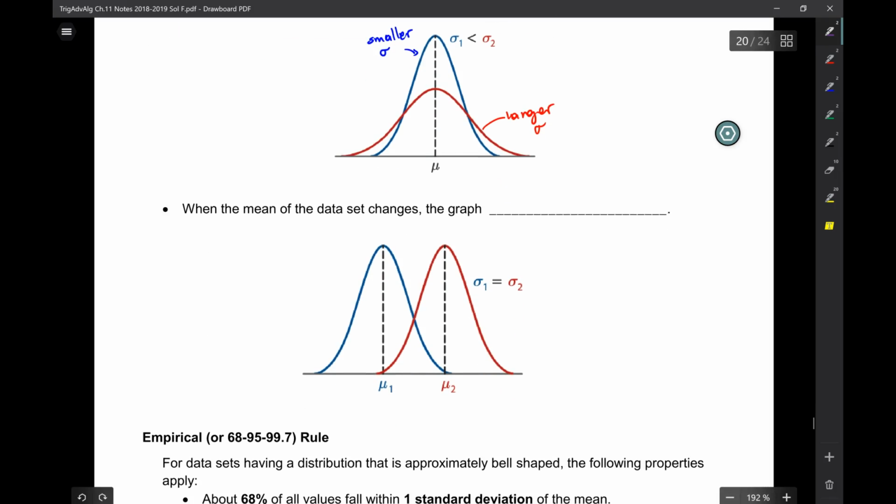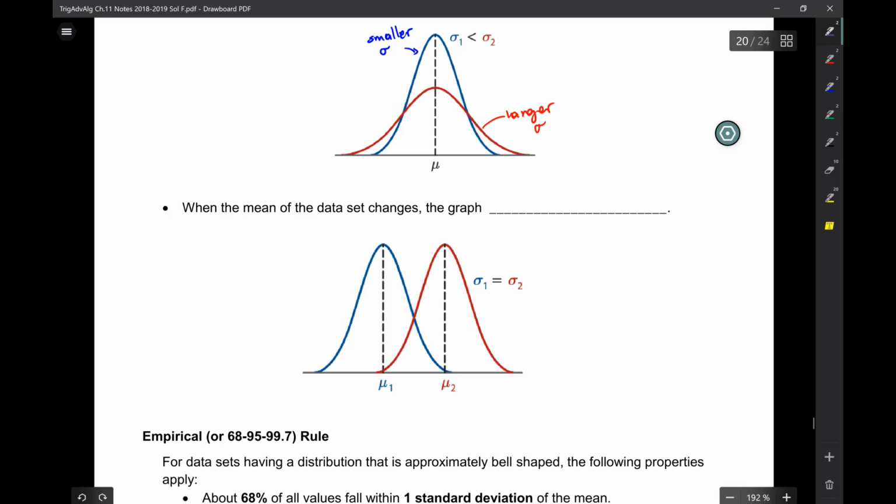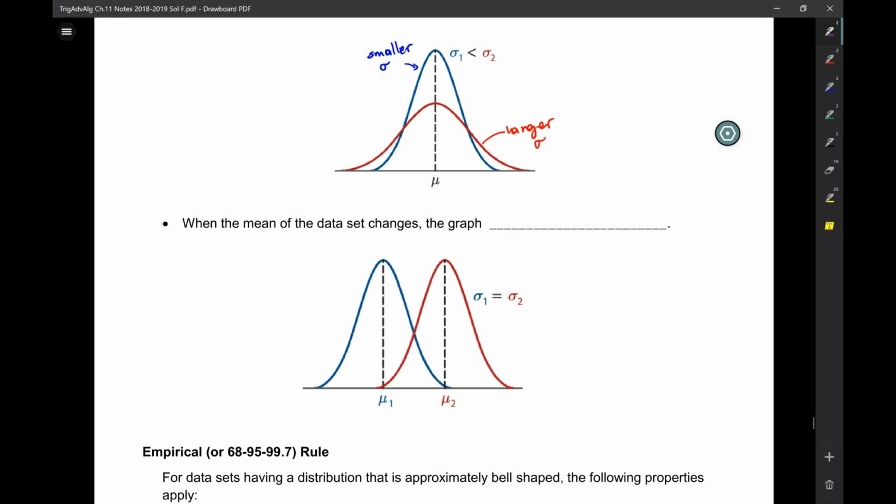Now take a look at this one. Suppose the mean of the data changes. A lot of people took the test, and then maybe 20 people who were absent took the test later, and they changed the mean. So it shifts left or right.